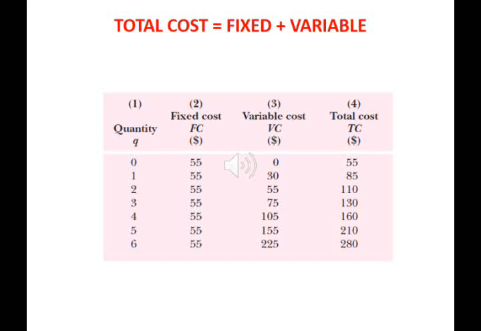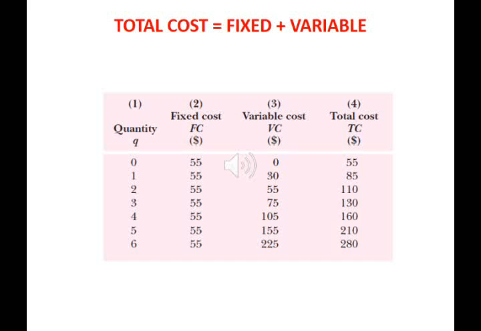What about the variable cost? The variable cost, as we said, is a cost that varies with the level of output. That's why it will be 0 if I haven't started production yet. Once I start production, I will need to start hiring labor. I will need to start importing raw materials.